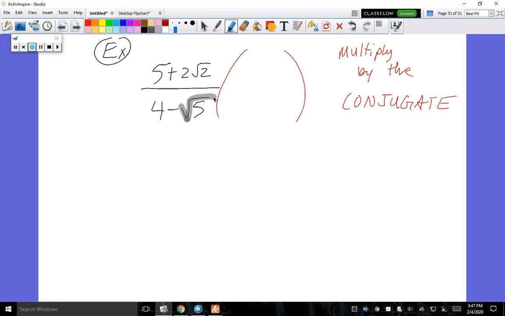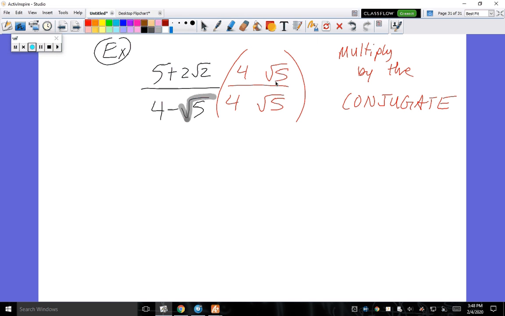Okay, you ready? Here we go. Some of you might be thinking, multiply by that. That won't work, because that's going to create 4 root 5 minus 5 on the bottom. So it has to be a little bit more. It will be including the whole bottom.